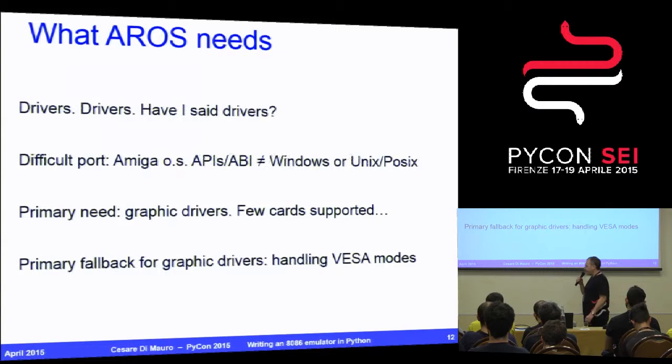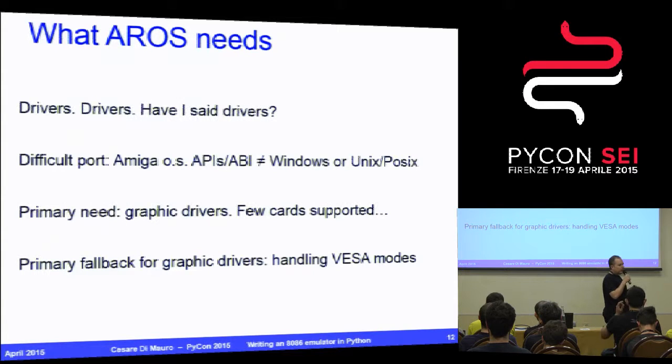If you have an OS which is different from others from an API point of view, like Amiga, for example, it's not Windows or Unix, POSIX compliant and so on, so it has a different set of APIs. So it's very difficult to port drivers to such an OS.